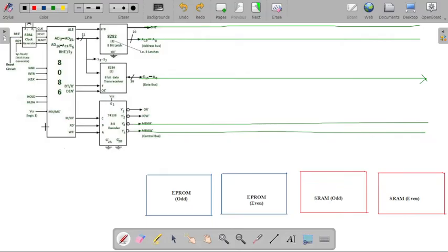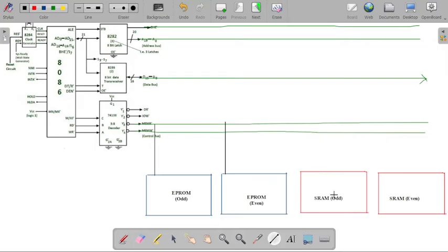So now how we are doing the interfacing with the help of this EPROM and SRAM. First of all, we have to draw the read signal. So how we can draw the read signal? So this read signal is available for our EPROM for odd also and even also. So I'm writing here this, and I'm connecting this memory read signal with our EPROM odd bank and EPROM even bank.